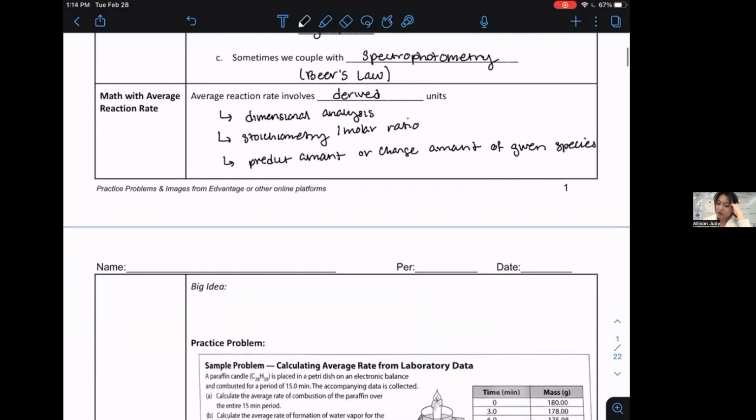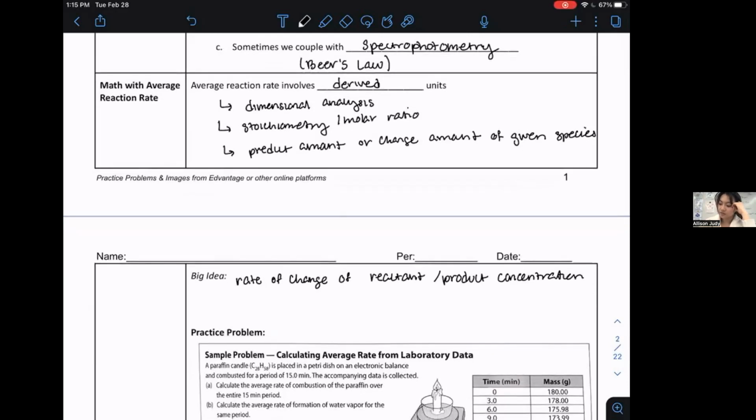So the big idea about why these are useful to us, and that we're going to refine tomorrow and the day after in a much more advanced way, is that we are now able to quantify that the rate of change of a reactant/product concentration can now be determined or described by stoichiometric relationships.